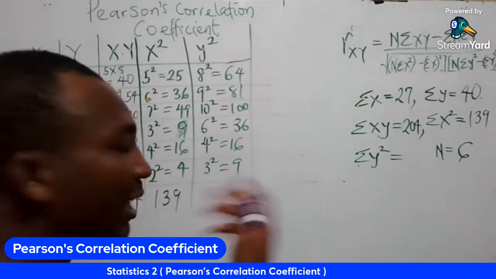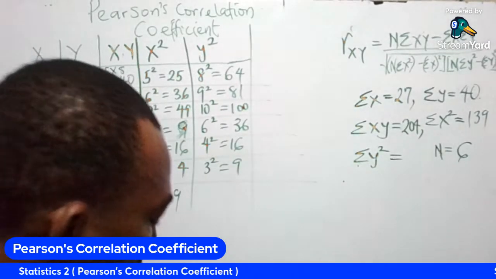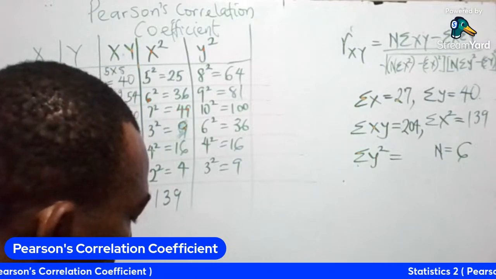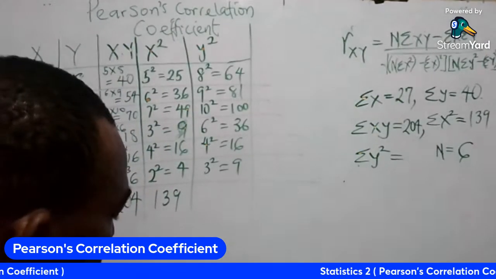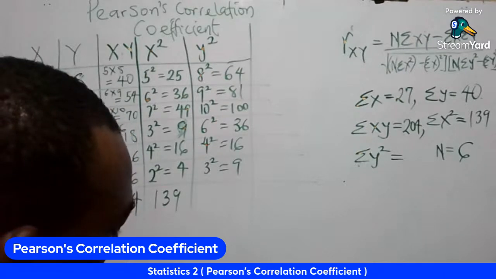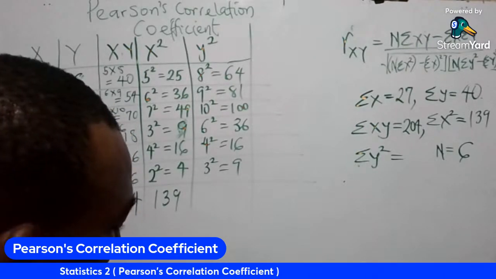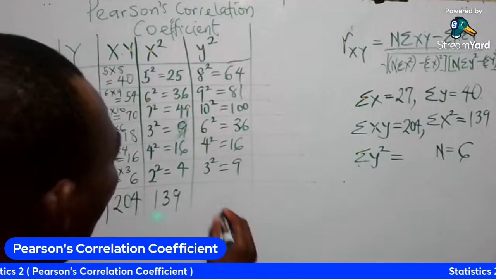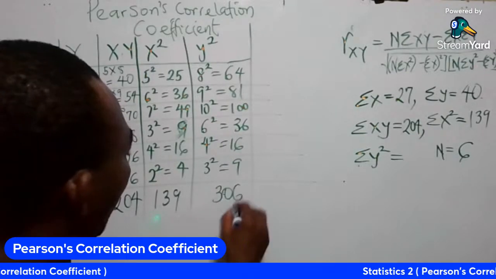It's just like you say 8 multiplied by 8. So I have 64 plus 81 plus 100 plus 36 plus 16 plus 9, and when we add everything together, that will give us 306.